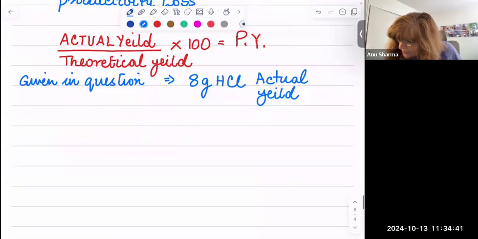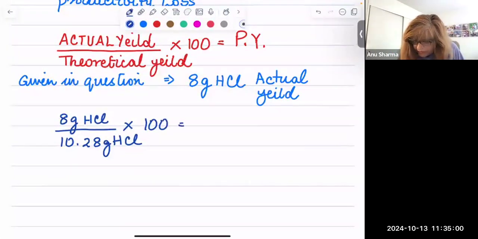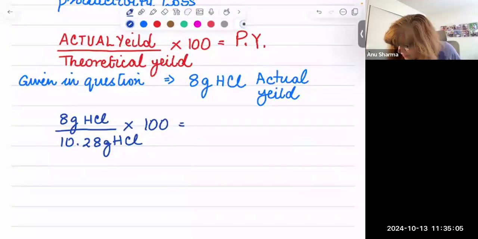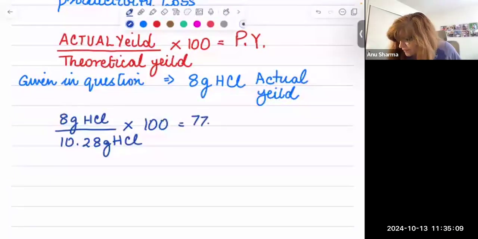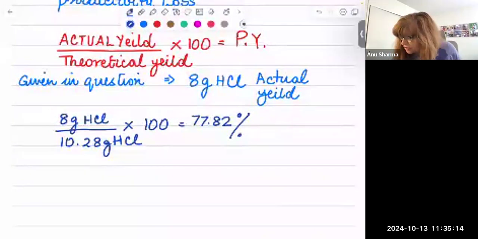So you put 8 grams of HCl over 10.28 grams of HCl times 100%. So 8 divided by 10.28 times 100 gives you 77.82%. All right, that is the percentage yield.